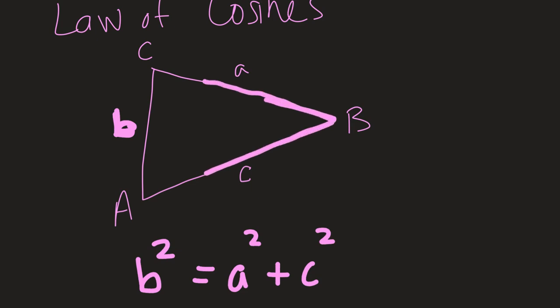So if we know side A, and if we know side C, and if we know angle B, if we know those three things, then we can figure out what side length B is. And so this is what helps us if we know side angle side. So let's go back to the formula.